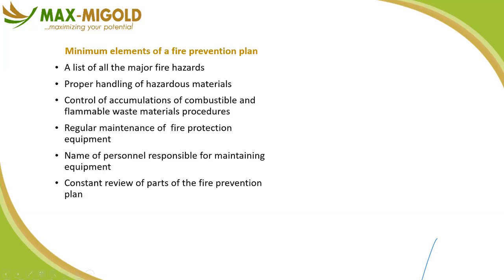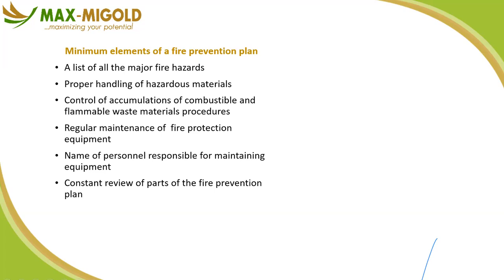Okay, so what should we have in the fire plan? What are the minimum elements of a fire plan? At a minimum, we should be able to list all the major fire hazards, everything that can lead to fire in the space. We should ensure that hazardous materials are properly listed and how we want to handle those materials is spelled out.